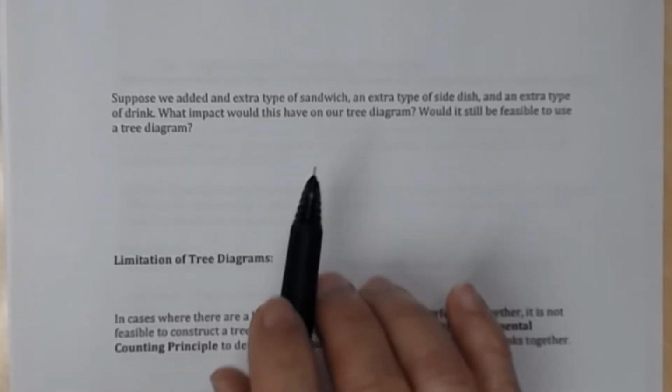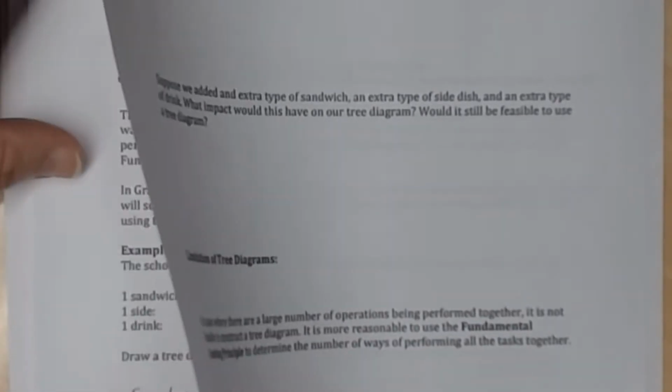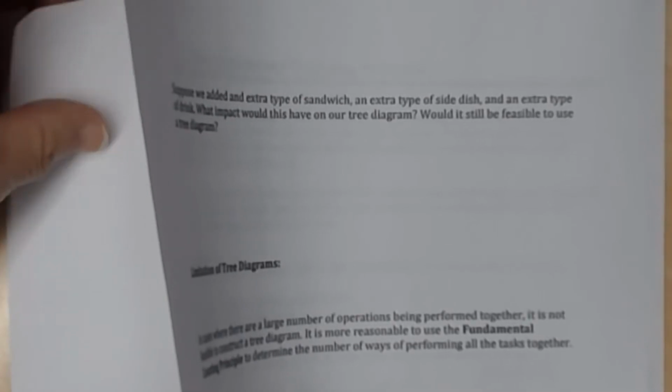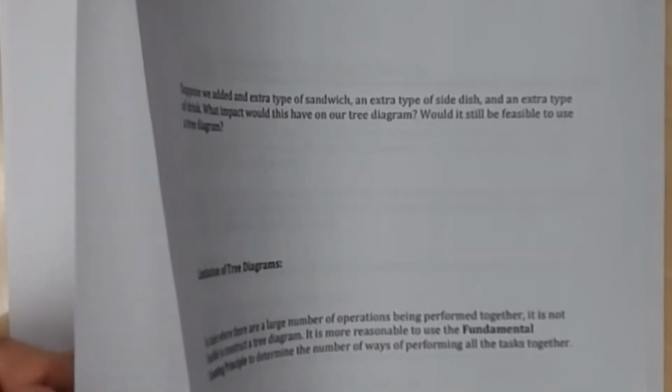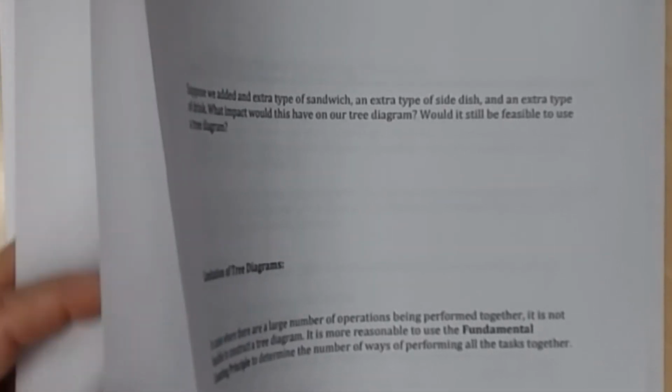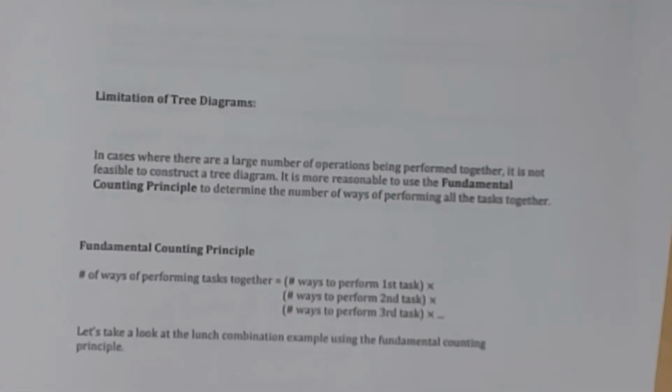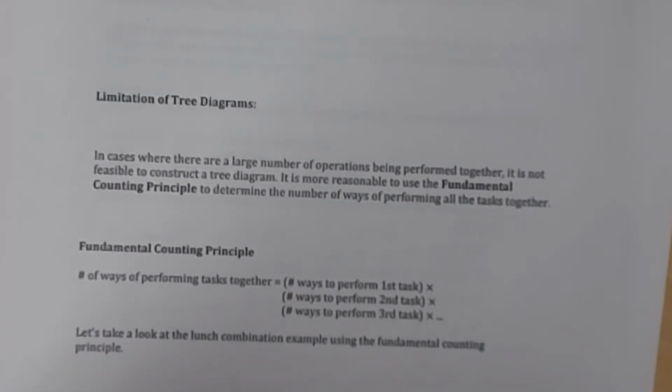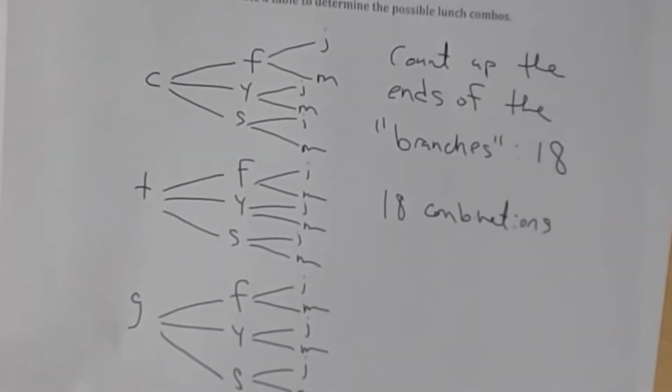Basically what that's saying is this. Let me get another sheet of paper out. If you were to do the tree diagram again, you have an extra type of sandwich.